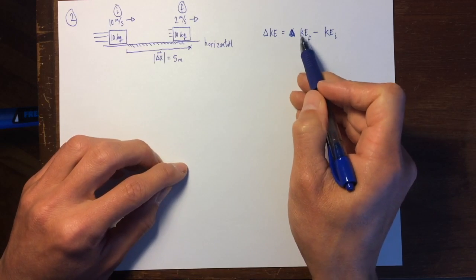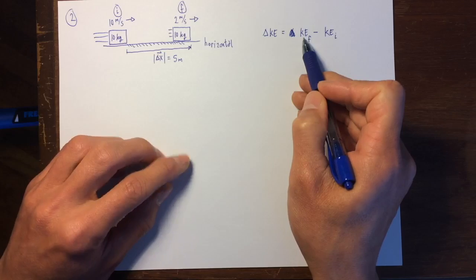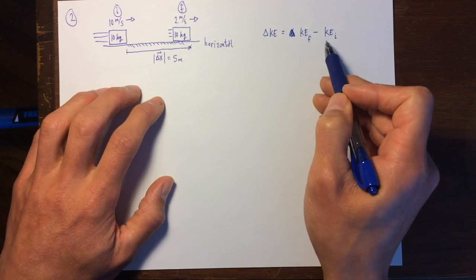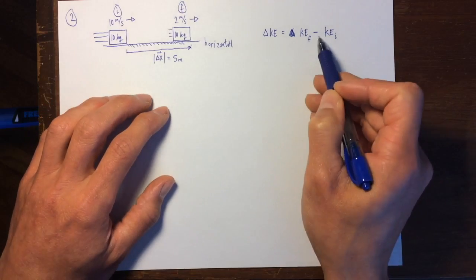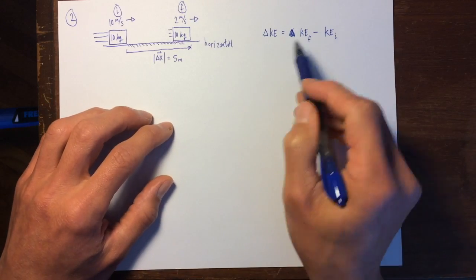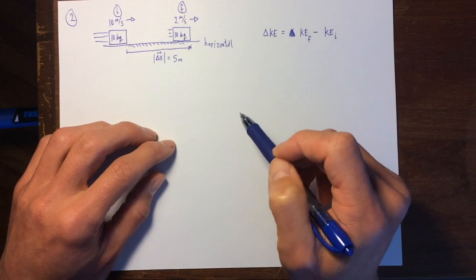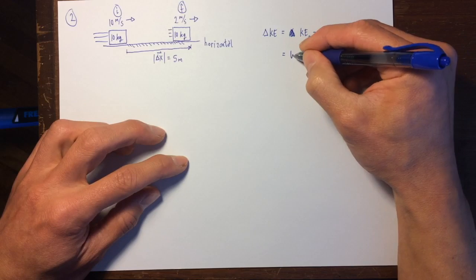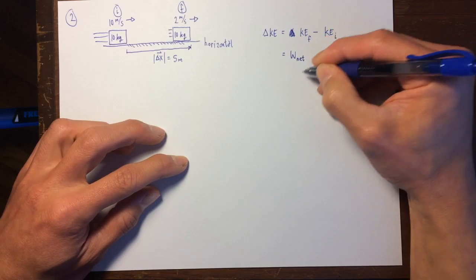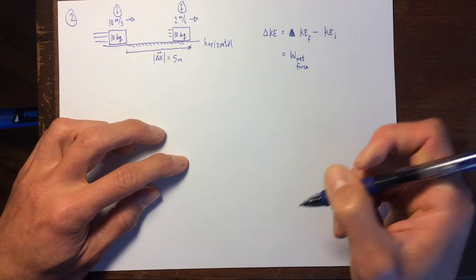What is the value after whatever has happened, and what is the value before whatever has happened yet? And you put a minus sign. That delta is always with that minus sign, final and initial in that order. And the idea is this is always the work done by the net force, like this.